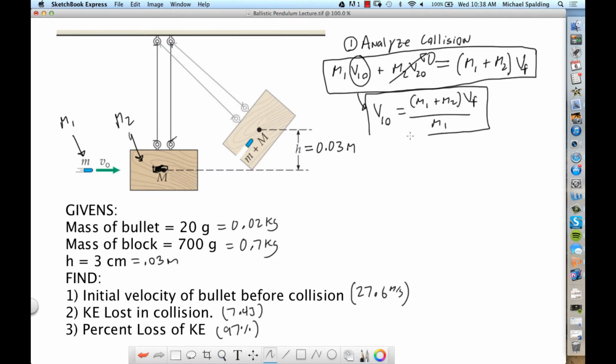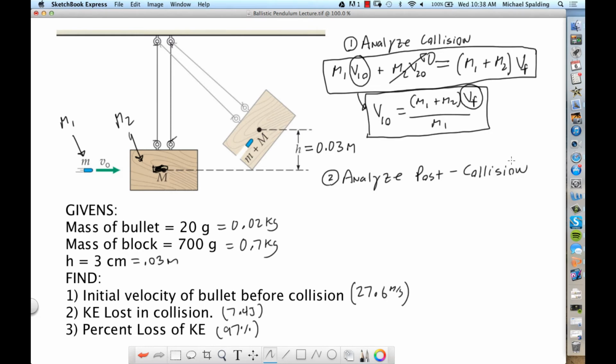So now, what do we have to find? To find out the velocity of the bullet before the collision, we need to figure out what is the final velocity after the collision. So the second thing we're going to do is analyze post-collision, after the collision.